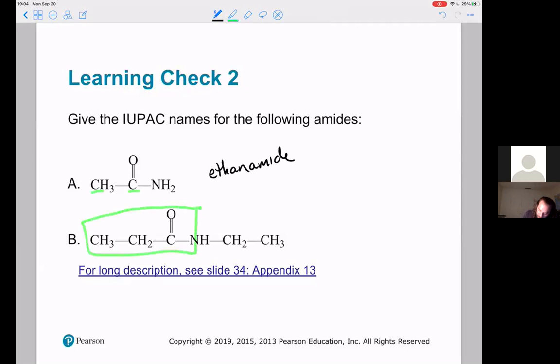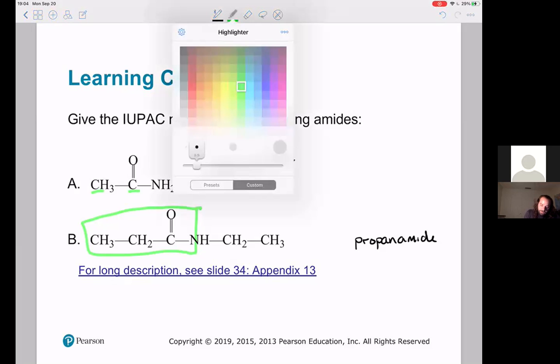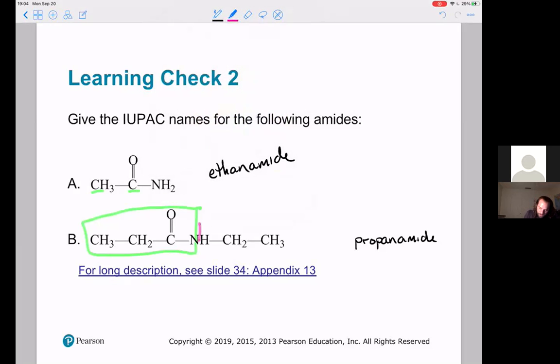So here, my parent chain, I can tell right off the bat, is a propanamide. Now I have this other chunk that I need to name, which is this ethyl group bound to the nitrogen. So this is an N-ethyl substituent, and this would be N-ethylpropanamide.